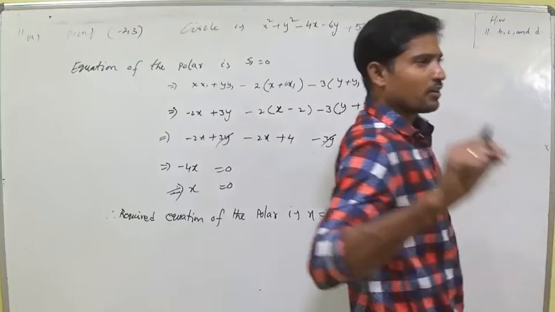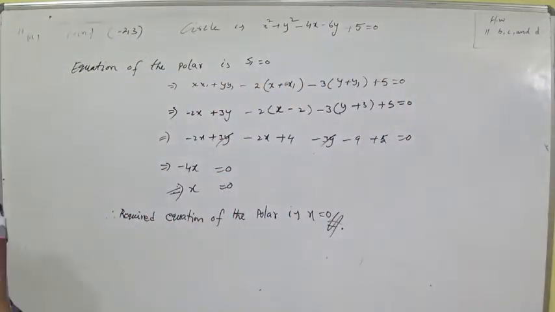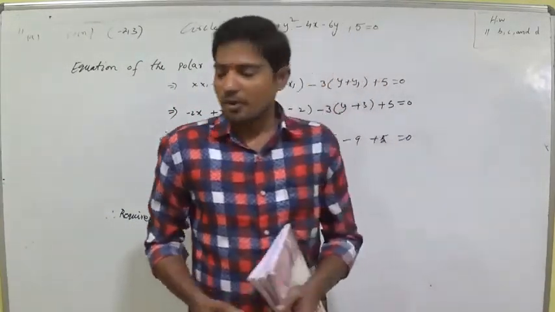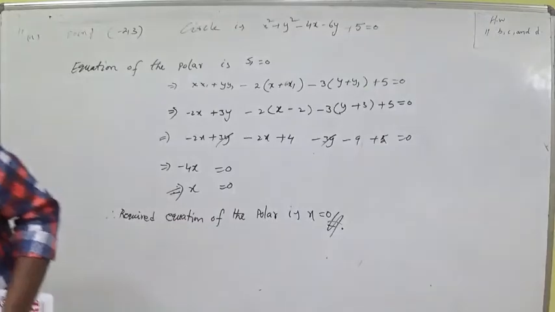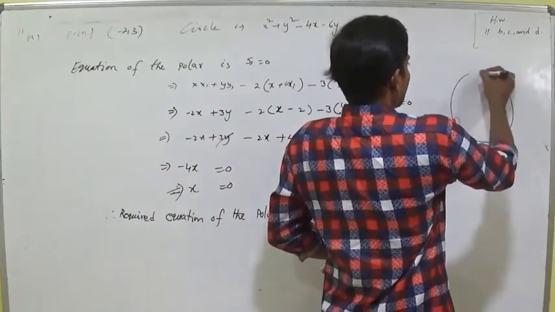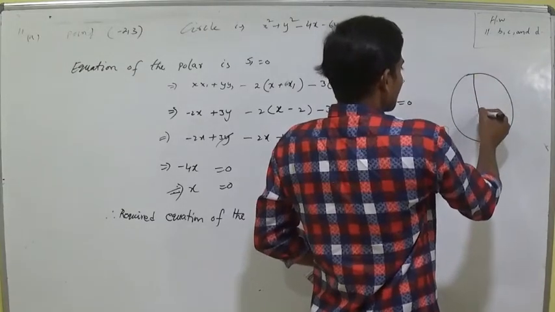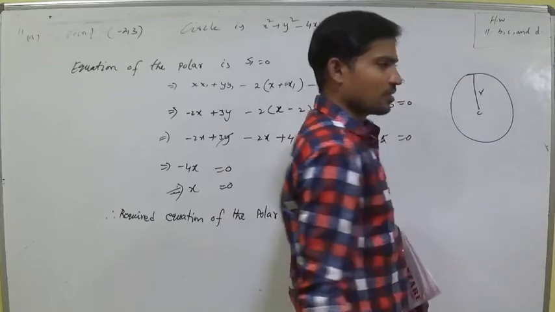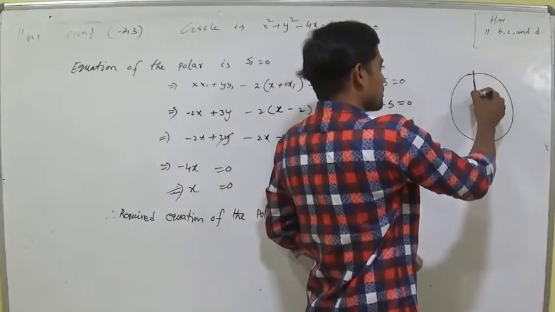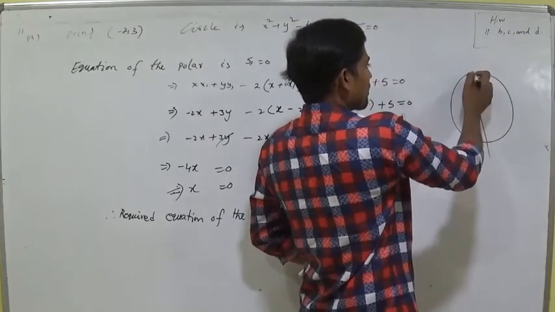We already learned in 6th class about symmetry. So the circle is symmetrical about its diameter, right?